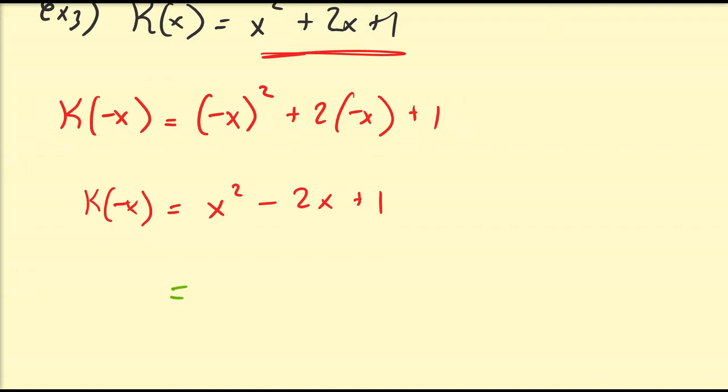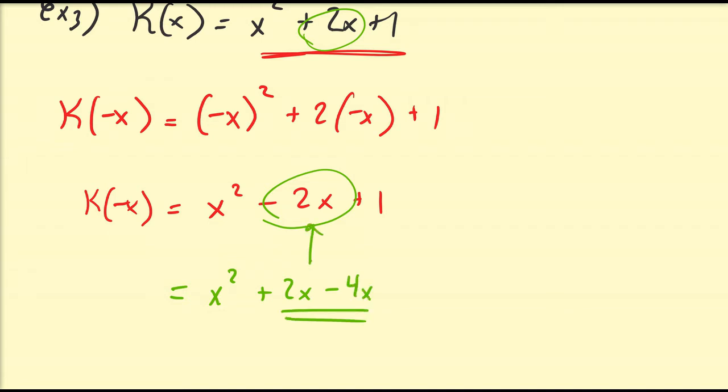This is maybe optional, depends on how comfortable you are with these types of things. So how can we write negative 2x in terms of 2x? Negative 2x is going to be the same as positive 2x minus 4x. So that will give us negative 2x. And we have this plus 1 out here, so we can just leave that there.